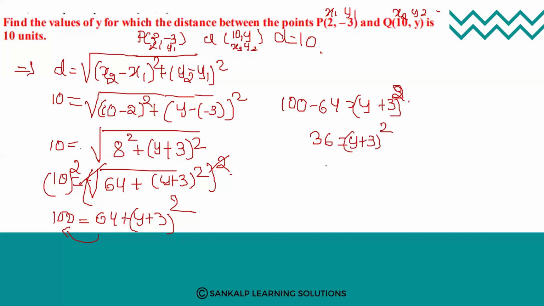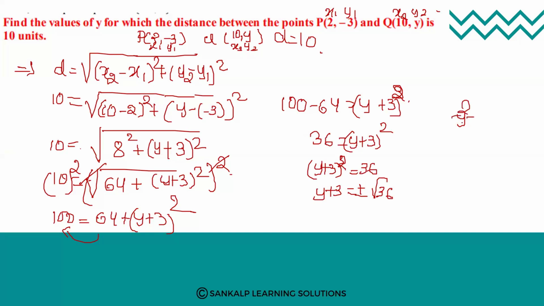Now, (y plus 3) bracket square is equal to 36. Then y plus 3 is equal to plus or minus square root of 36. Yes or no? Okay. So (y plus 3) bracket square is equal to 36.